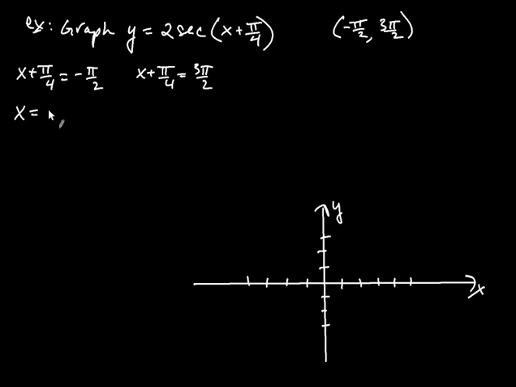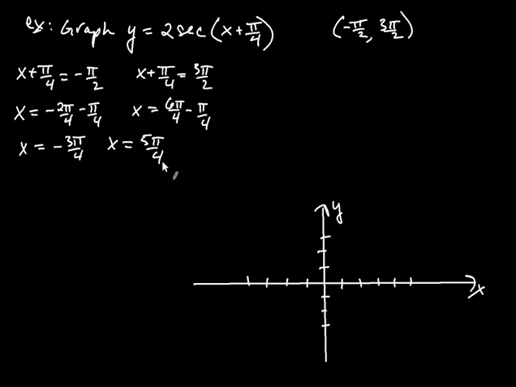So x is equal to negative 2 pi over 4 minus pi over 4. I changed this to a common denominator, so it's 2 pi over 4, and then I subtracted pi over 4 from both sides. Likewise, for the next one, top and bottom by 2 is positive 6 pi over 4, minus pi over 4. And so the new graph starts at negative 3 pi over 4 and ends at x equals 5 pi over 4.